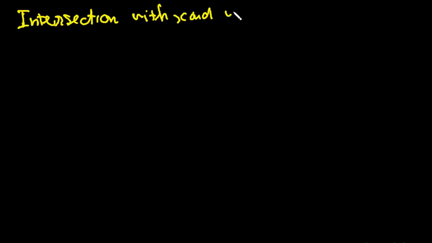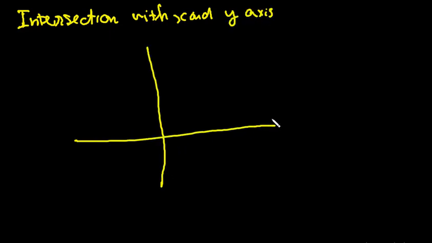And now we will look at the intersection of the curve with the x and y axes. Now I will illustrate it here. I have a random polynomial like 9x to the power 10 plus 5x to the power 4 plus 9x plus 5, y equal to 2.